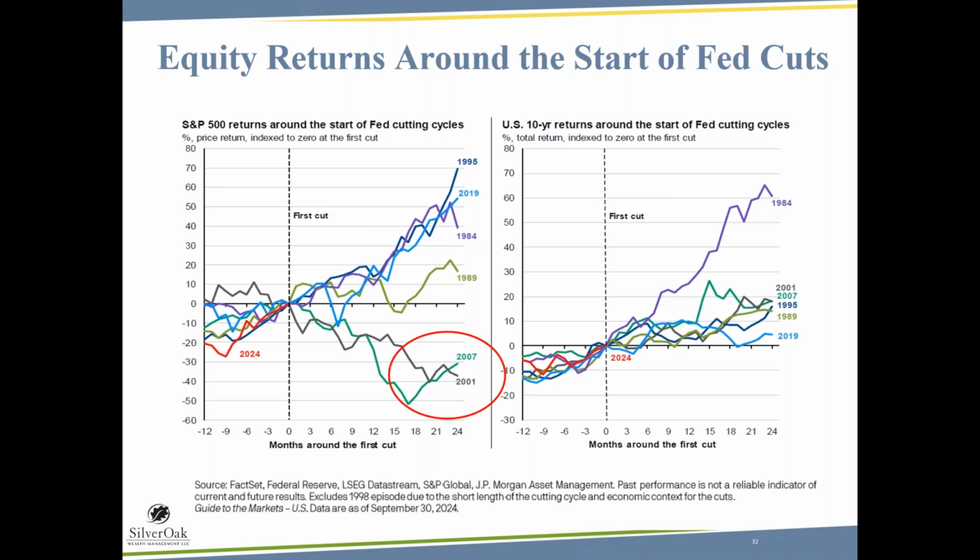Yep. And again, we've also talked about how earnings growth is important. And so the interesting thing is that this might be the only Fed cutting cycle where earnings growth is expected to accelerate. Usually when the Fed is cutting, it's because we're already seeing weakness. Got it.